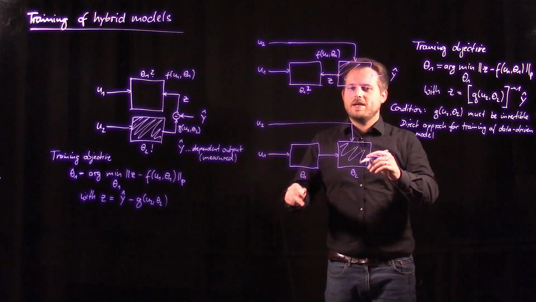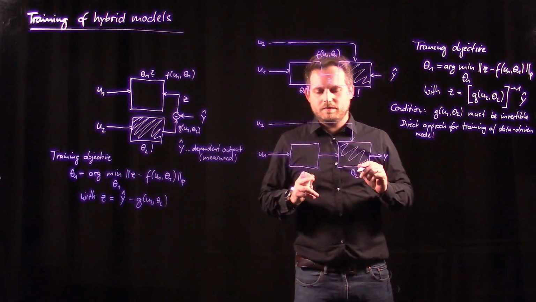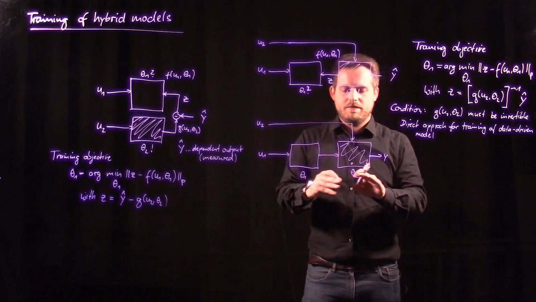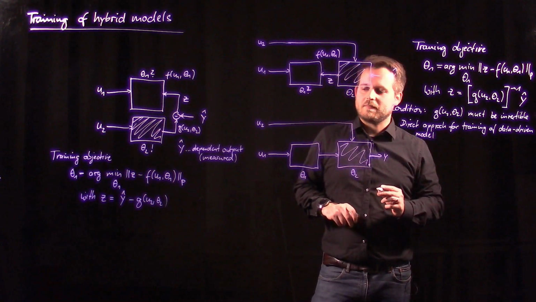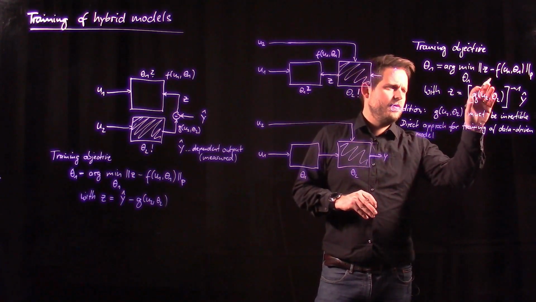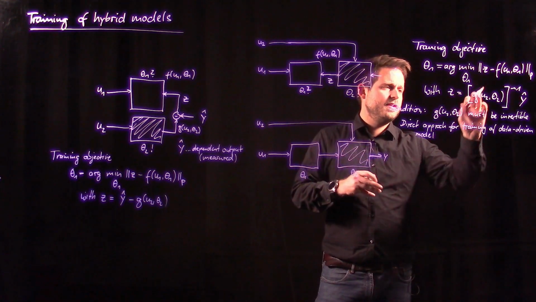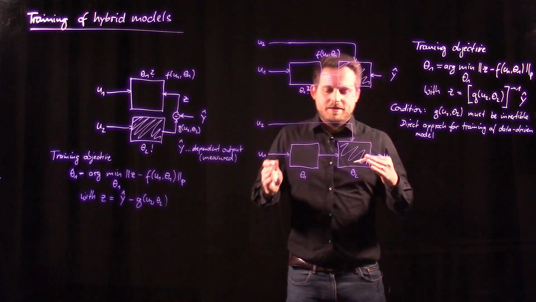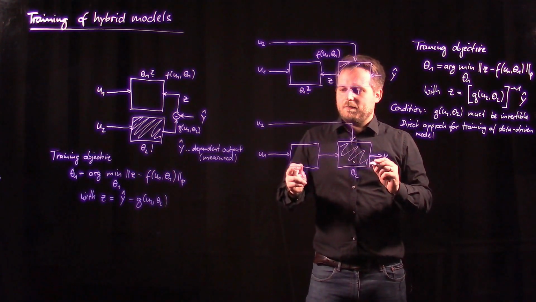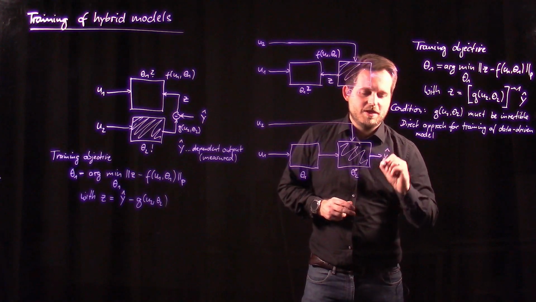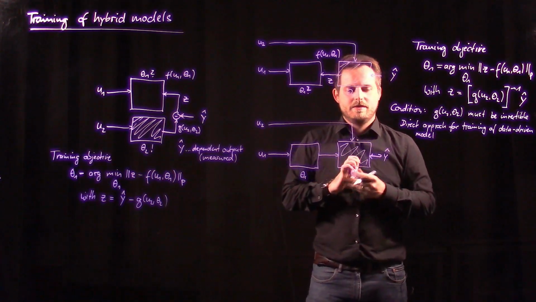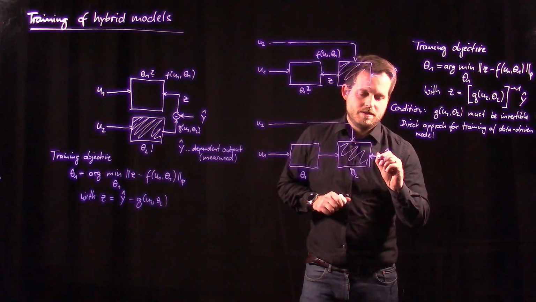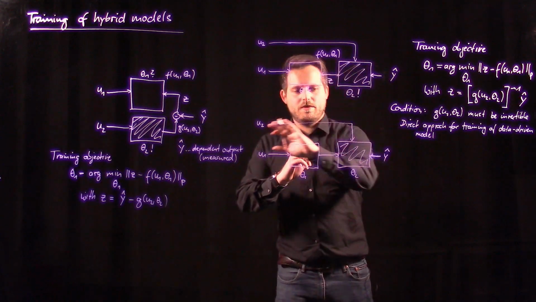Now, another case might be if you want to fit both parameter sets, so theta 1 and theta 2, or if you have not the opportunity to invert G, then you might need another approach, and this could work as follows. You have again your measurement values. These are fed back to the output of the white box model, but then you don't go further back.